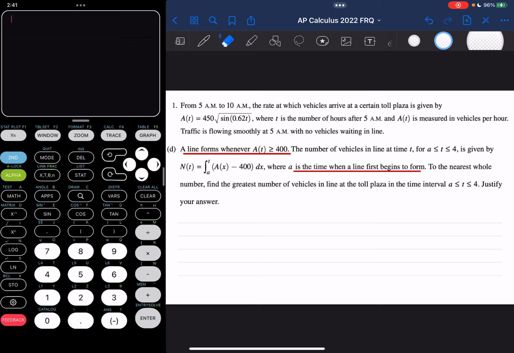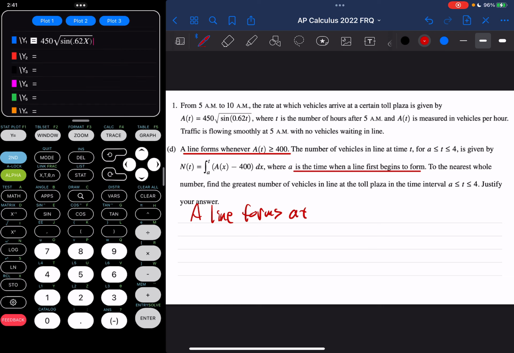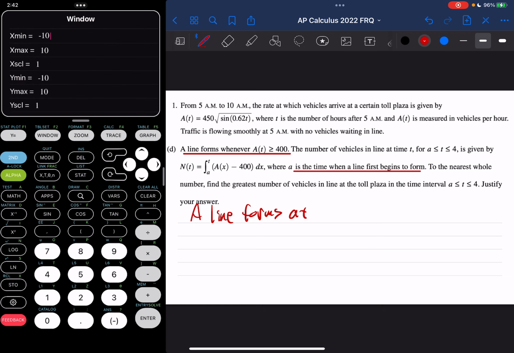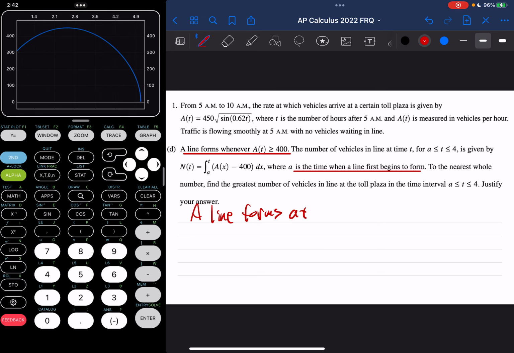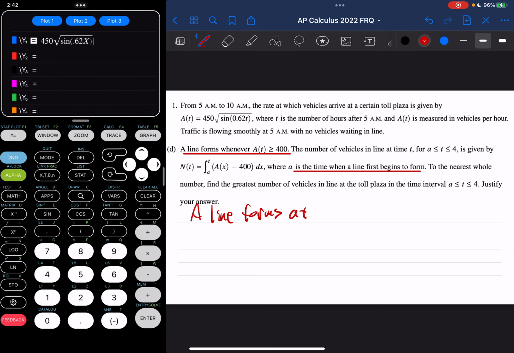So that means, since we have this, I'm going to go to my window, and we've defined this interval from 1 to 5. And so I'm going to go down to zoom fit. Okay. And I'm going to graph y equals 400.